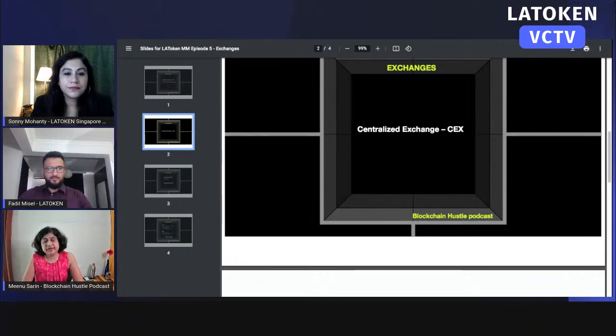Now, having said that, the one good thing about the centralized exchange is the ease of working, ease of trading, ease of interaction, ease of engagement. So, when you want to trade on a centralized exchange, you create an account, which means you have a username and a password, just like you would do for an email account, right?